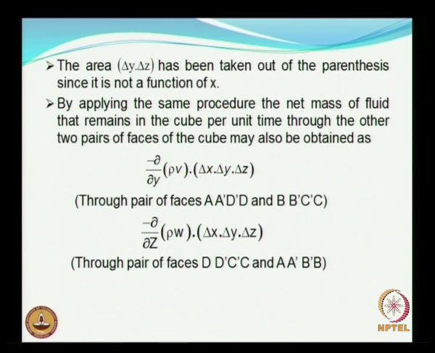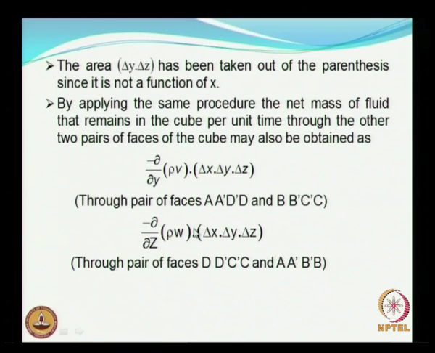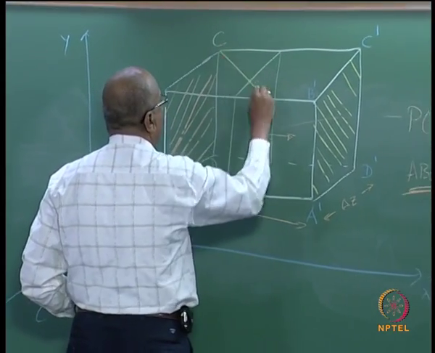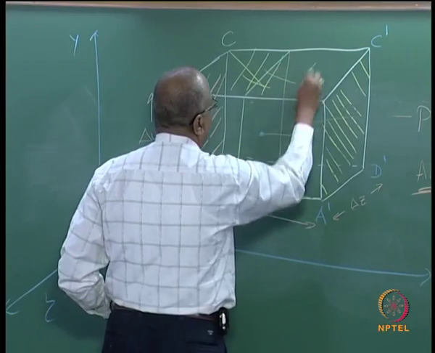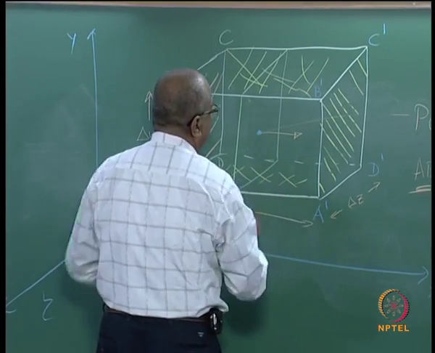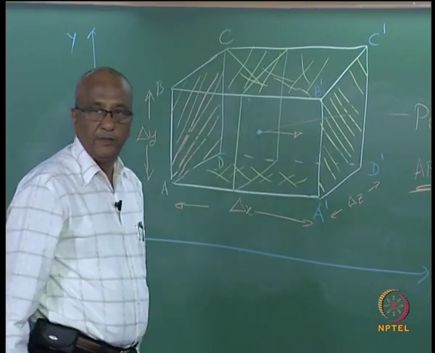Yes, this is what I have just now explained. Now by applying the same procedure, the net mass that remains through the other two pairs of faces can also be obtained. Instead of u here, you will have v and w, that is all. So we consider this face and this face, and similarly the other two faces, that is this face and the other face behind the board.